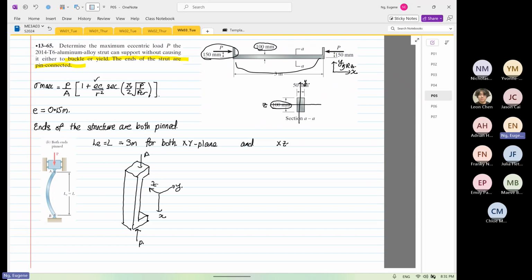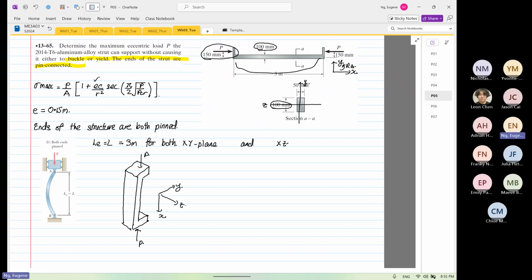Maybe I draw the orientation wrongly. This is my Y, or this direction is my Z, or it does not matter. So X, Y, right hand rule, Z.